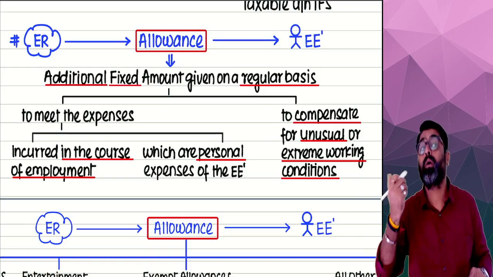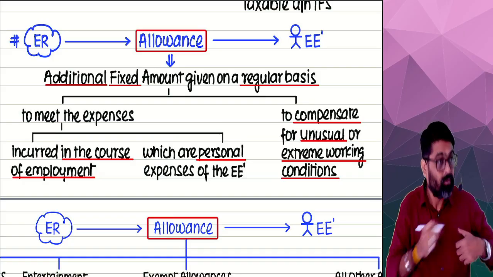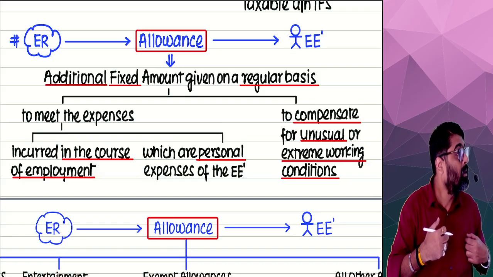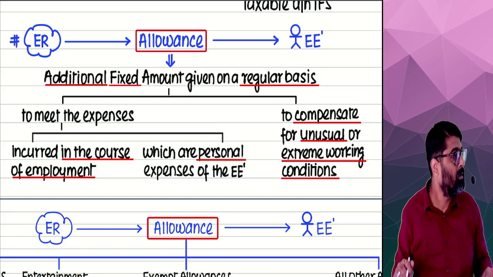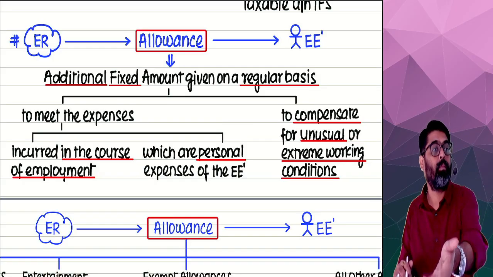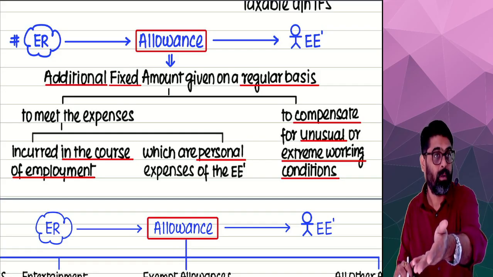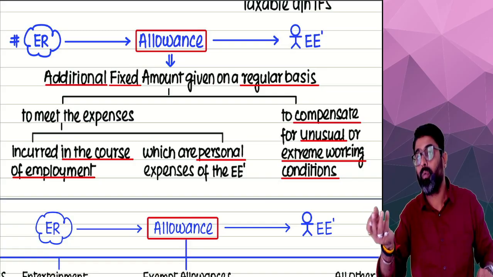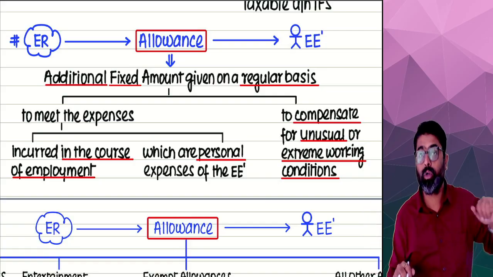So where will you meet the cost of that traveling? From your pocket. Are you doing this traveling for your personal purpose, or for the purpose of your employer's work? Employer's work. So who should pay for the cost of that traveling? Your employer should pay.